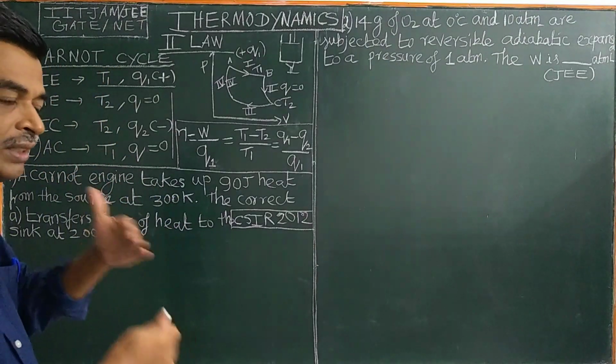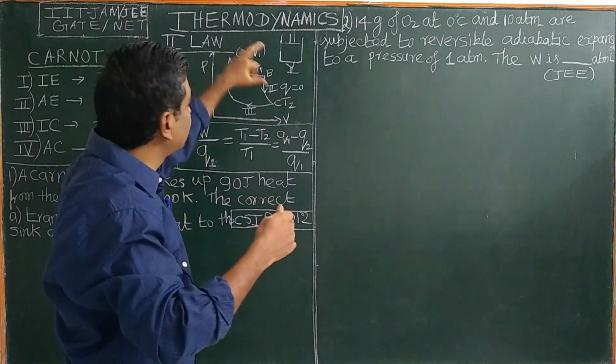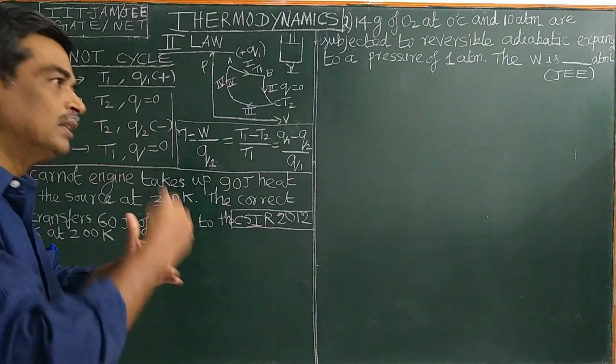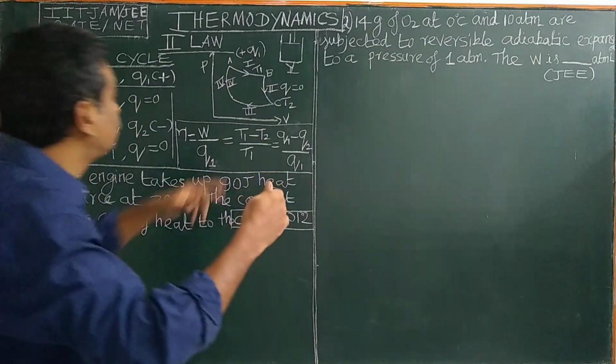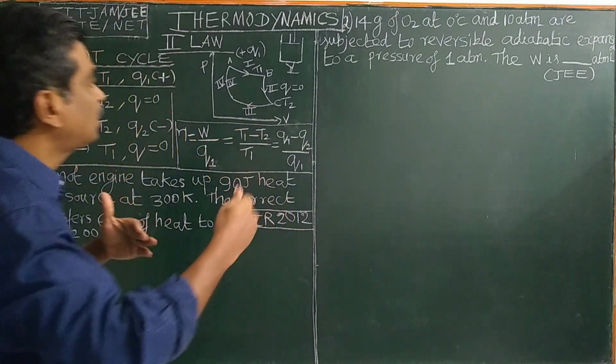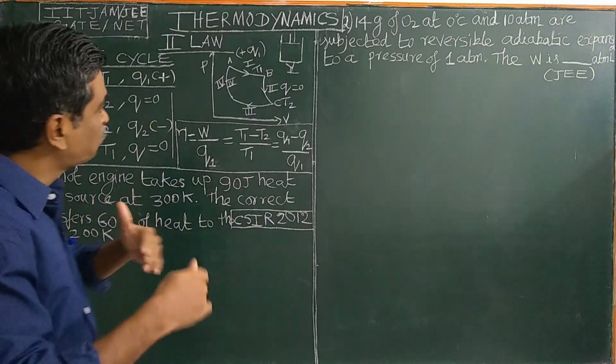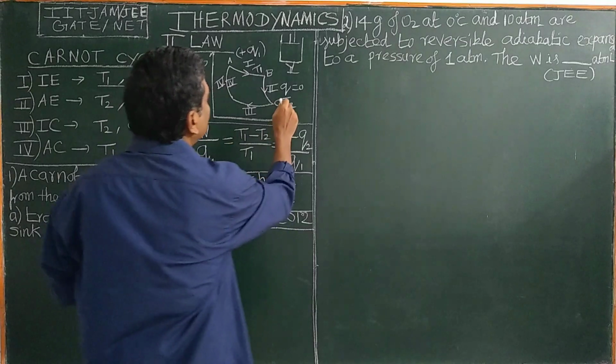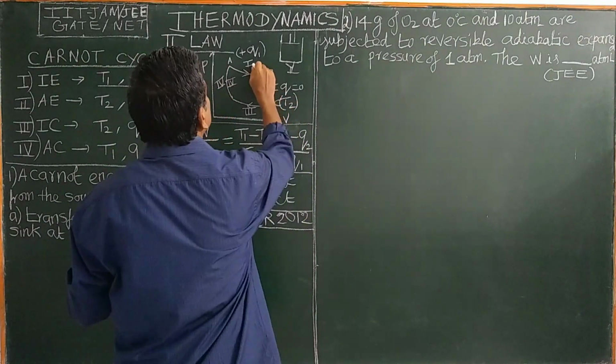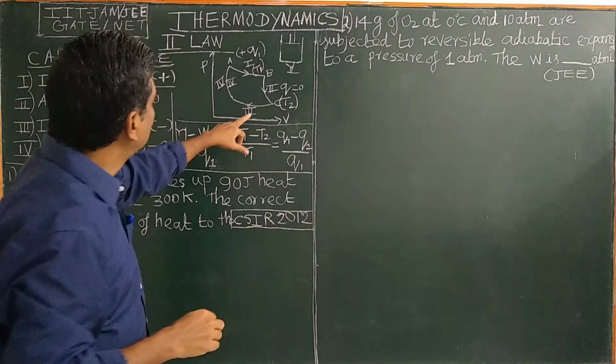Whereas in isothermal expansion, heat is absorbed and the work is done by the heat absorbed. Here the expansion occurs at the expense of internal energy.